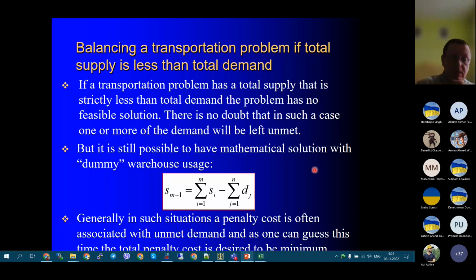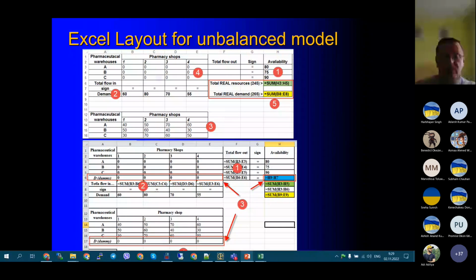But one possible way is to introduce dummy resources, which will provide imaginary supply items, again with zero shipping cost, because it's impossible to deliver them. At least this way also gives us the ability to turn it into a balanced problem and employ the simplex linear programming method. Of course, after that, some backward adjustments are required, because some resources don't exist, so there is no chance that they will be delivered. But anyway, it's also a way to do it.